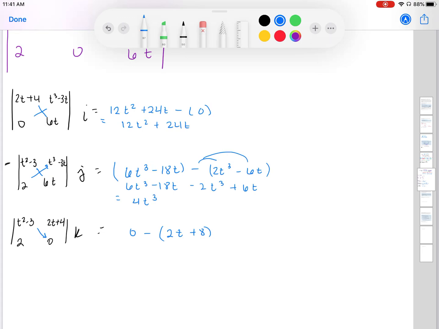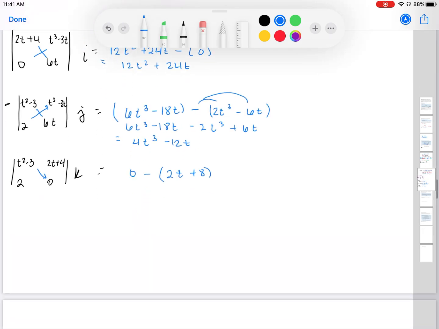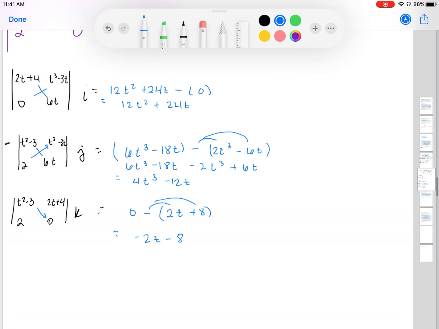And then negative 18 plus 6, we have minus 12t. And here we distribute that negative, and we're left with negative 2t minus 8. Now for the second one, don't forget to distribute that negative. So actually, this gives us negative 4t cubed plus 12t.